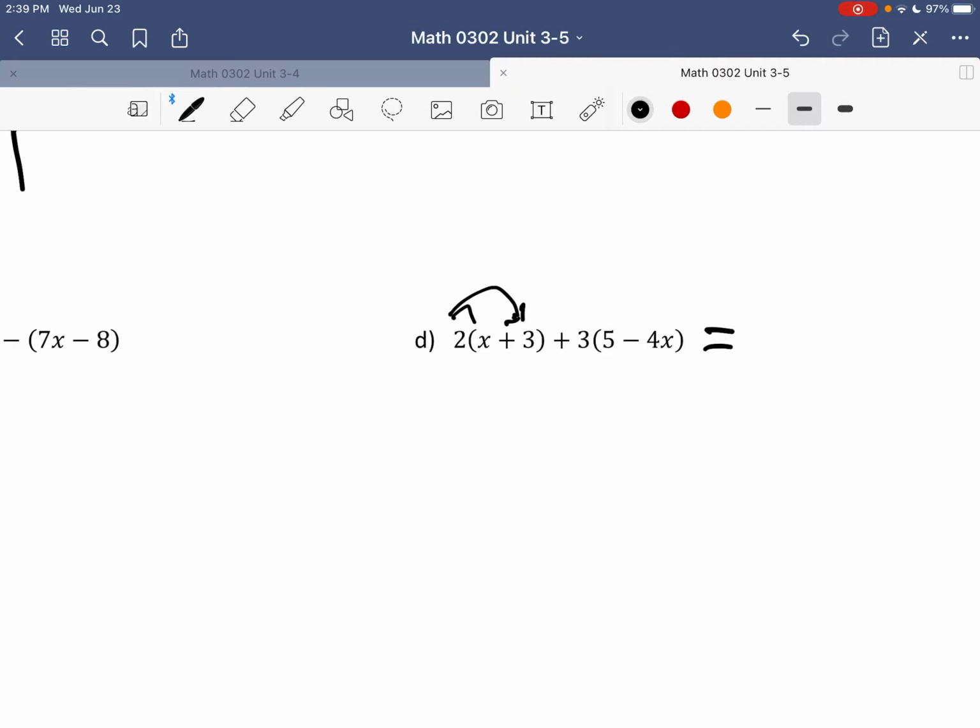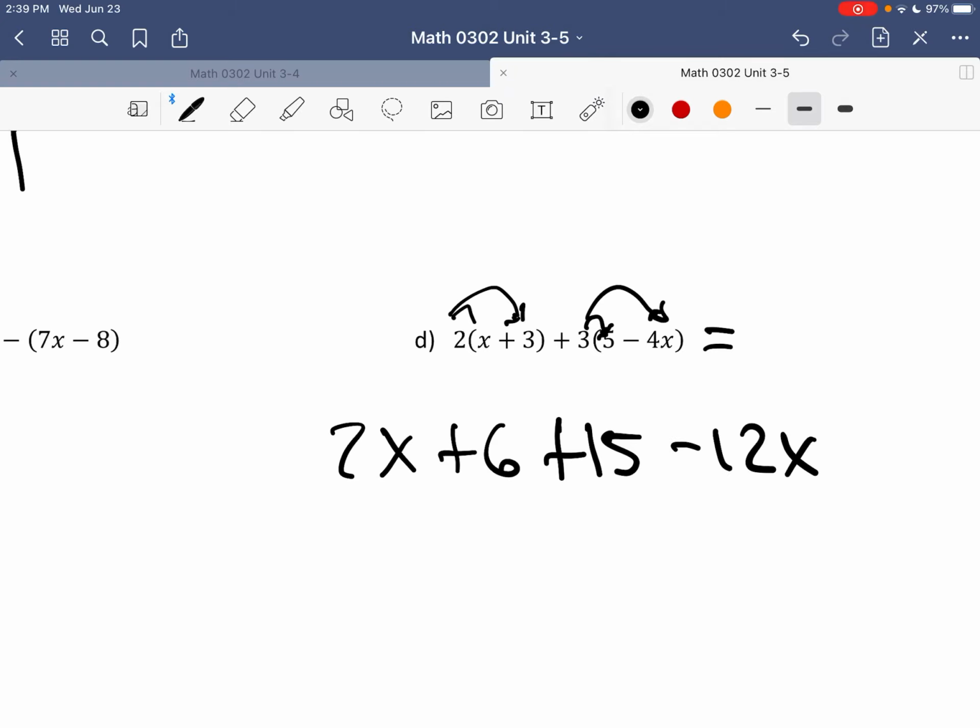So 2 times x gives us 2x. 2 times a positive 3 gives us a 6. And then on the second set of parentheses, distribution will be by multiplication of positive 3. So 3 times the 5 gives us 15. 3 times the minus 4x gives us minus 12x.